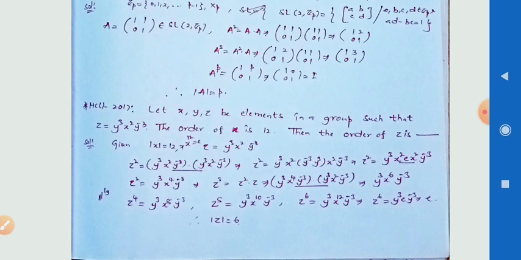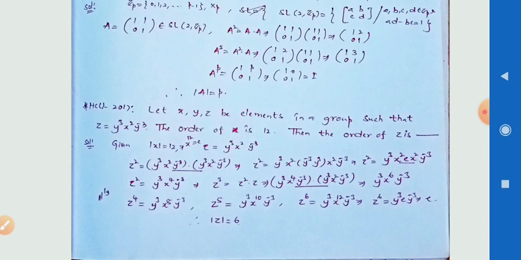Similarly, I am multiplying z cube, which means z square into z. Z square value y cube x power 4 y power minus 3 into y cube x square y power minus 3 becomes y cube x power 6 y power minus 3.